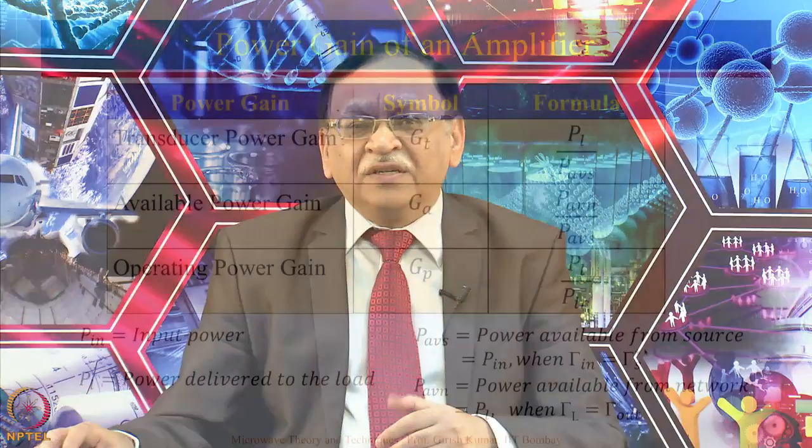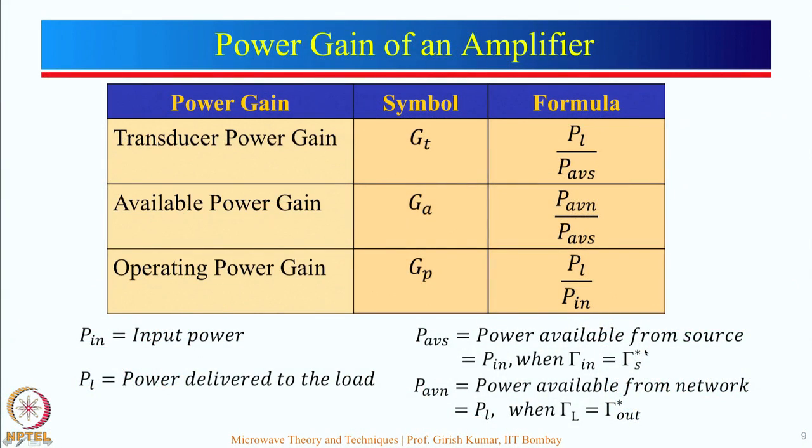Now, let us see what is the maximum available power from a given device. That is defined by this expression over here. So, compared to GT, what is the difference here? Now, PL is equal to P available from the network. So, this is the maximum value of the power which can be delivered to the load, and maximum power will be available when gamma L is equal to gamma out conjugate.